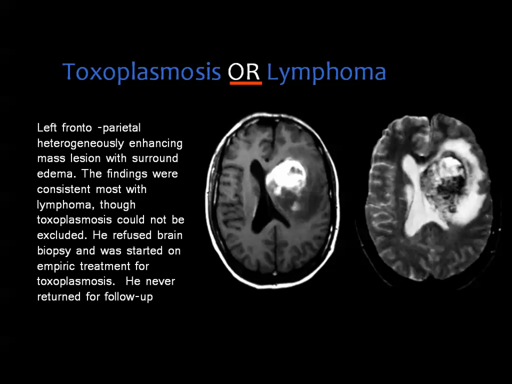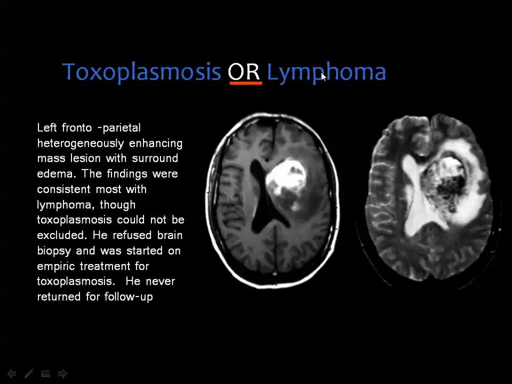Then in the countries where AIDS is a common disease, they usually say that whenever you are encountered with a lesion in the brain parenchyma, you are in the differential diagnosis between only two conditions, the toxoplasma and the lymphoma. Then the differential diagnosis is not that easy on imaging. You may say that the toxoplasma as an infection will show restricted diffusion on diffusion weighted images, while lymphoma will not show restriction being a neoplasm.